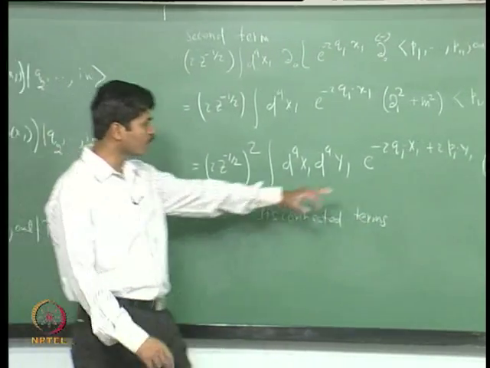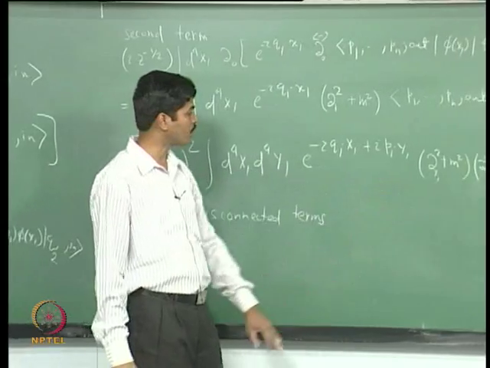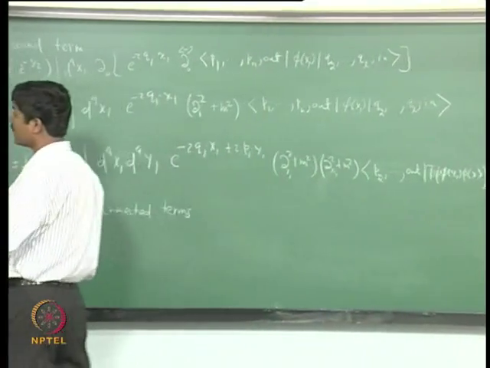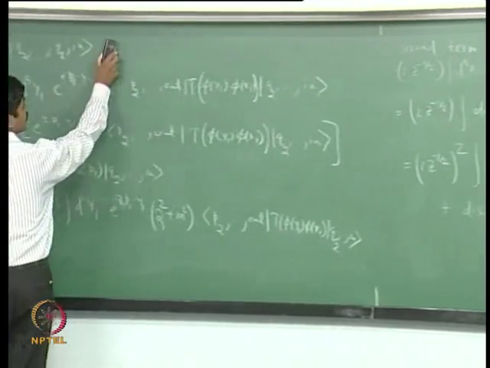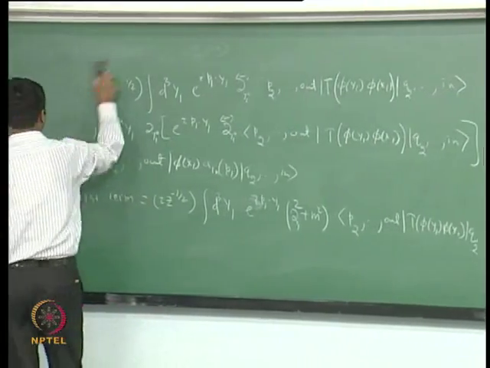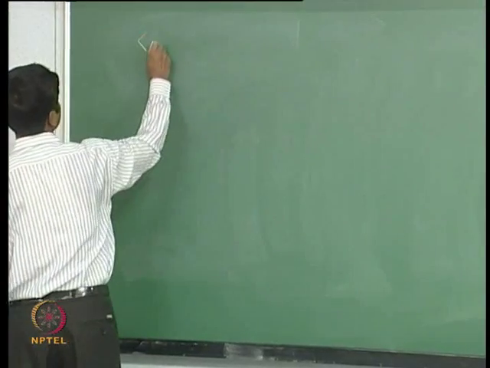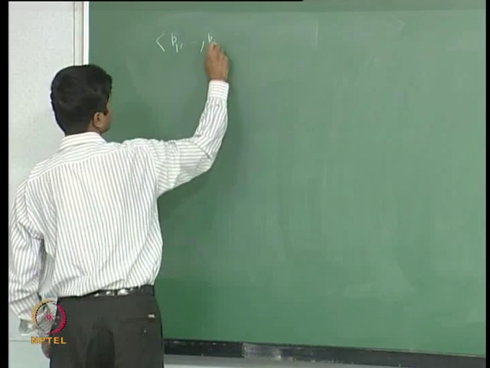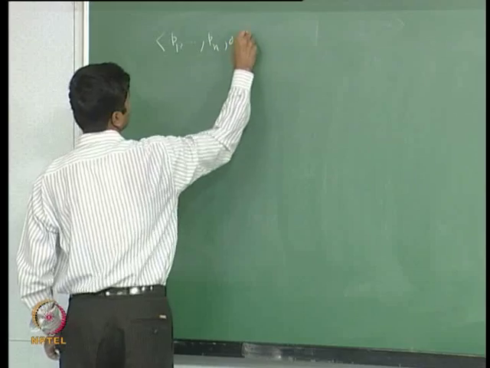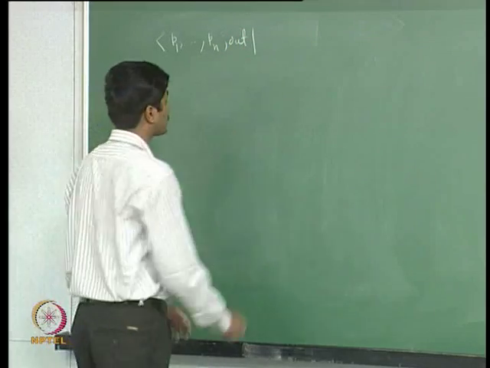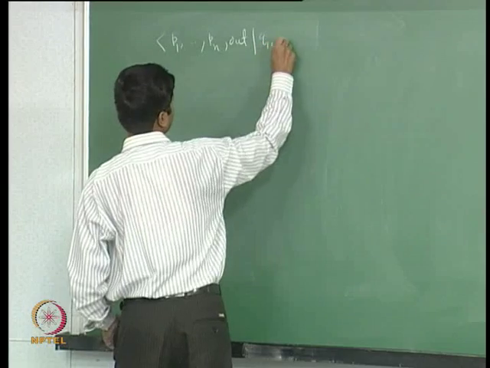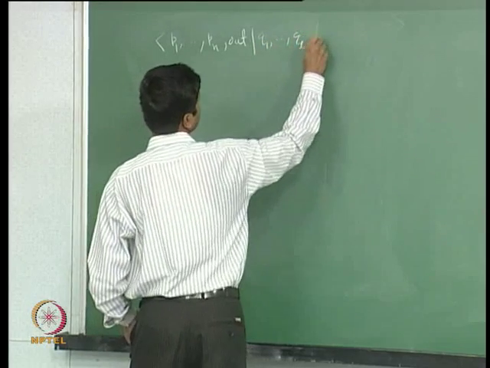I can keep on doing the same process, and at the end of the day, what I get is the amplitude for this process where you have n outgoing particles and L incoming particles with momenta q1 up to ql.